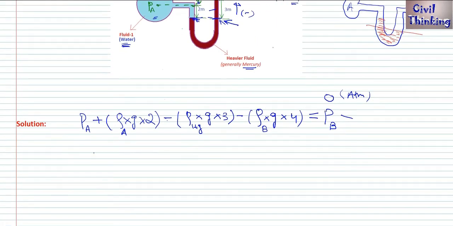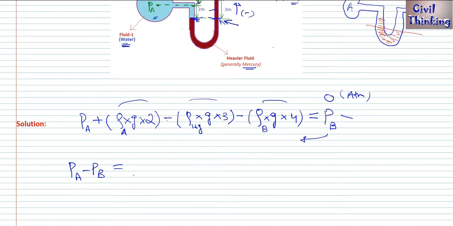Now you can move this to the left, we get PA minus PB is equal to, and you can move all of these terms to the right. What we get, this would be negative, okay? We will write it last.